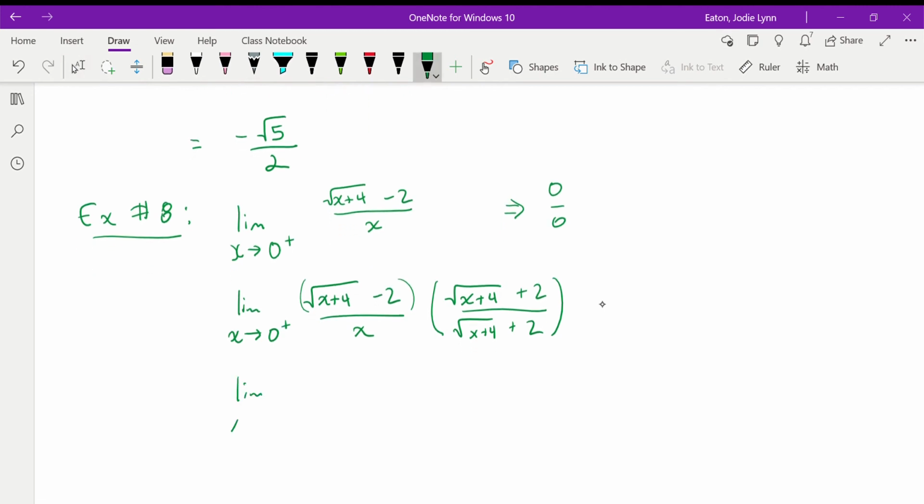So this is the limit as x approaches 0 plus. And that's actually a good step. I noticed I didn't do it right in the beginning of this problem.